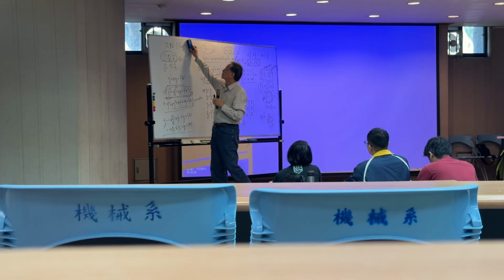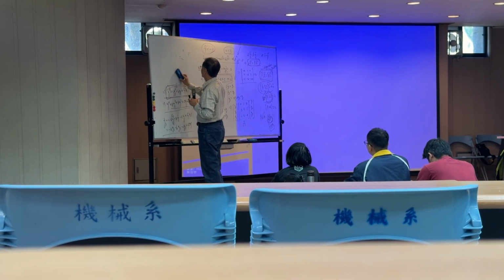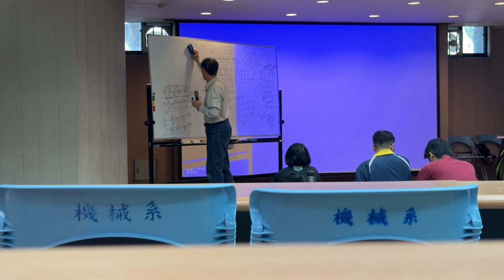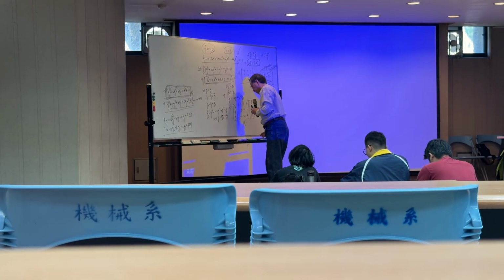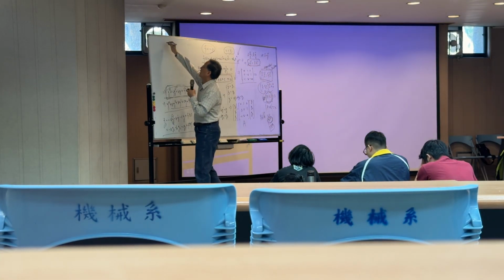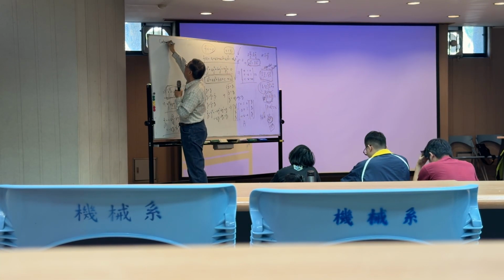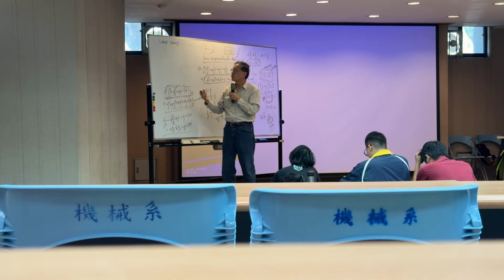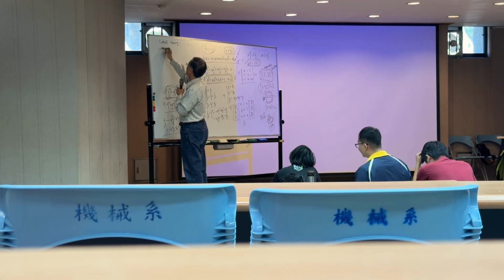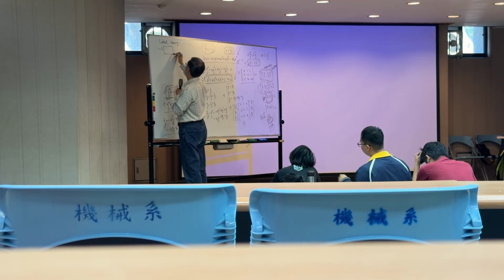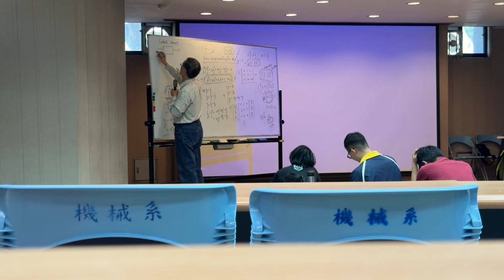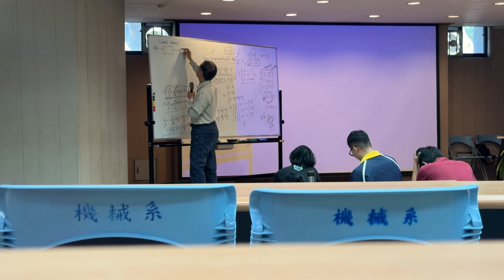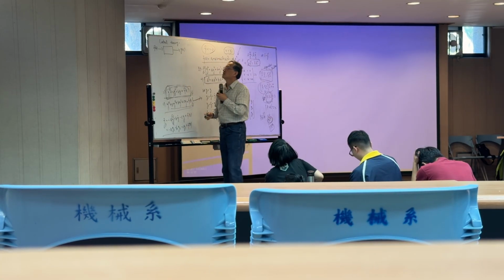You remember in control theory, if you are solving a problem like this, let's say this is f of t, and this is y of t.